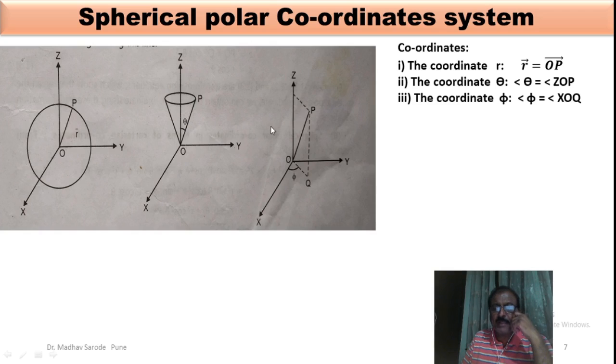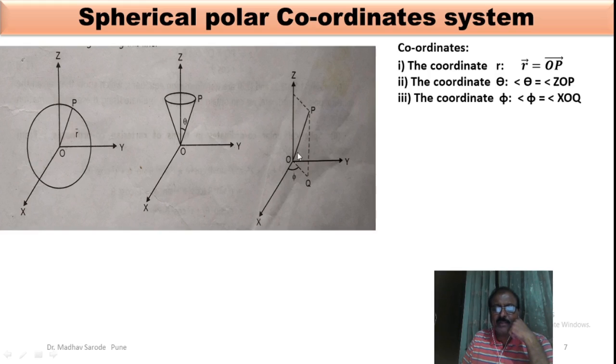And the third coordinate is phi. We know that the distance we measure from the origin to the point is called the r coordinate. If the particle P moves from clockwise to anti-clockwise direction, rotating from P towards the z axis, whatever angle it makes is called the polar angle theta.